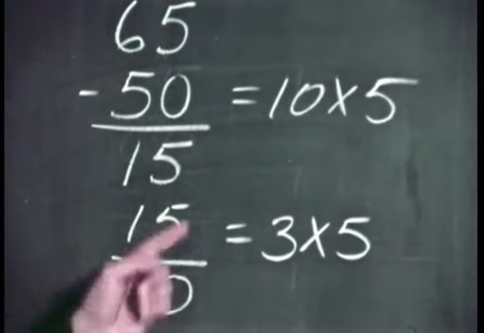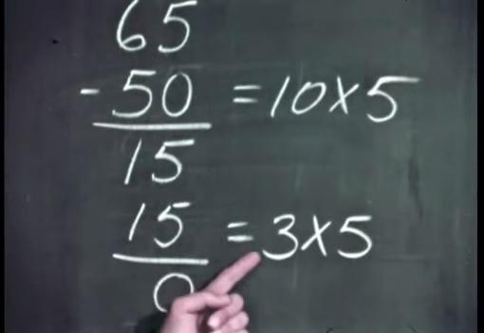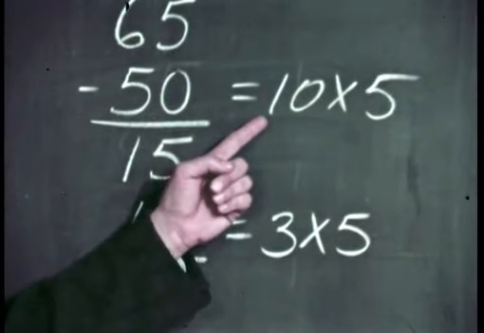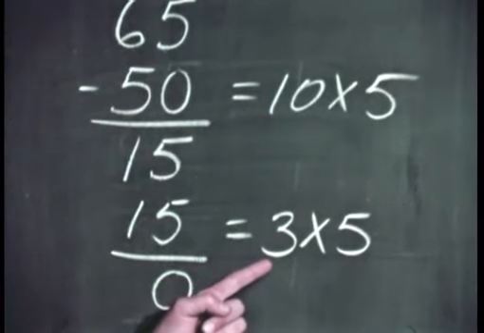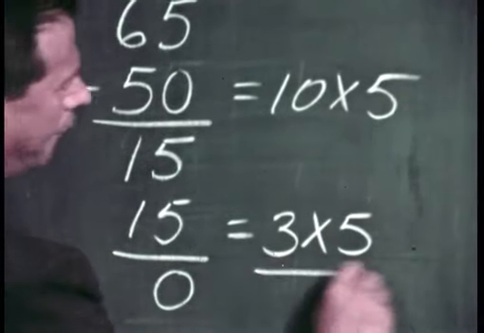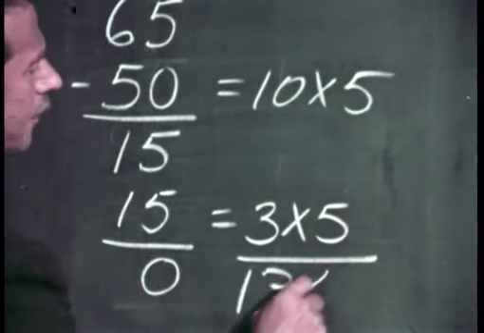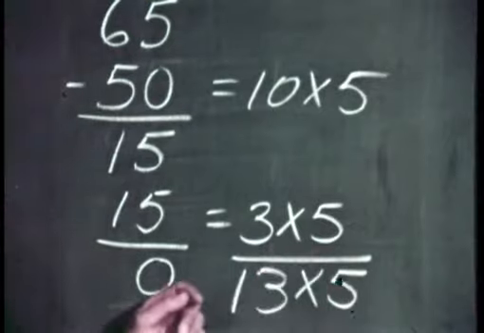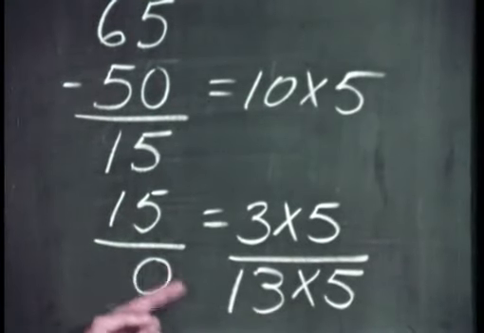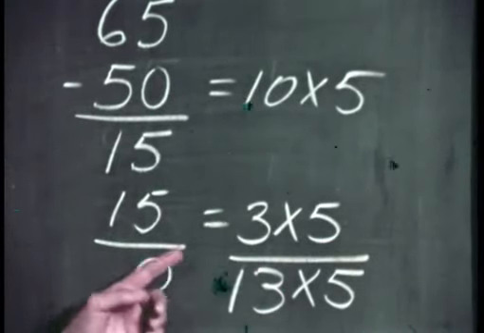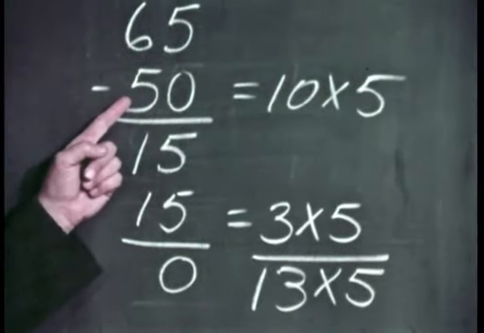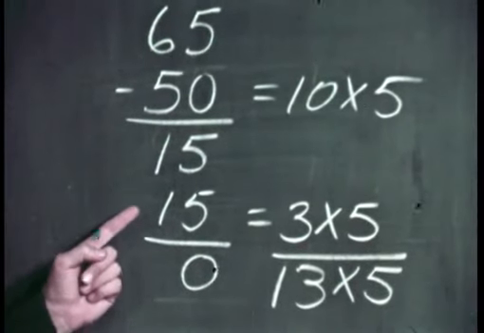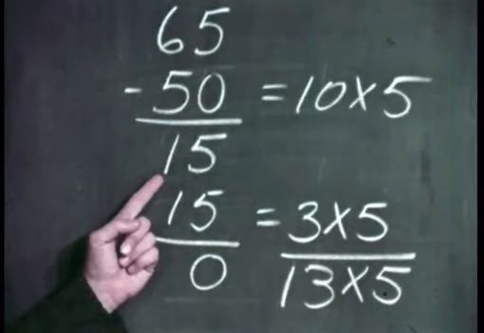We kept a record of the number of 5s here on the side. We have 10 5s and 3 5s, or 13 5s. Applied to the problem, that means we considered 50 pennies and 15 pennies.